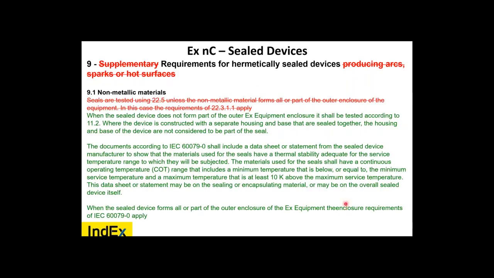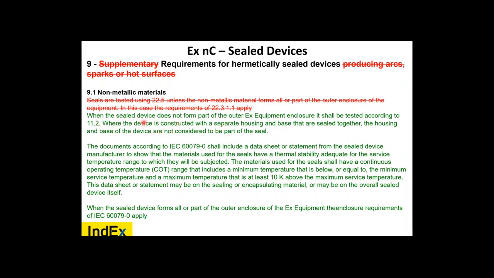Now, when we talk about sealed devices, requirement for sealed devices, not hermetically sealed. So the difference: hermetically sealed is welded shut. Sealed means something that can be opened and closed without damaging it.